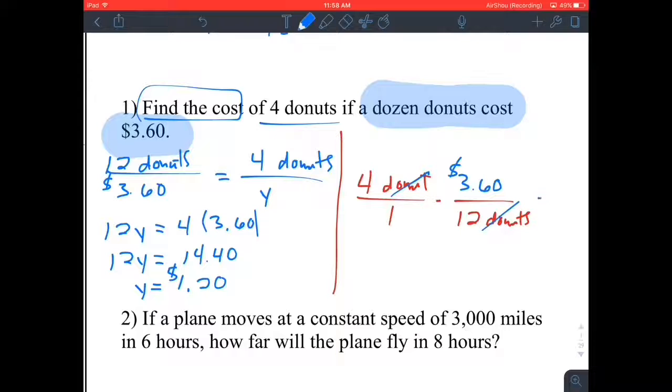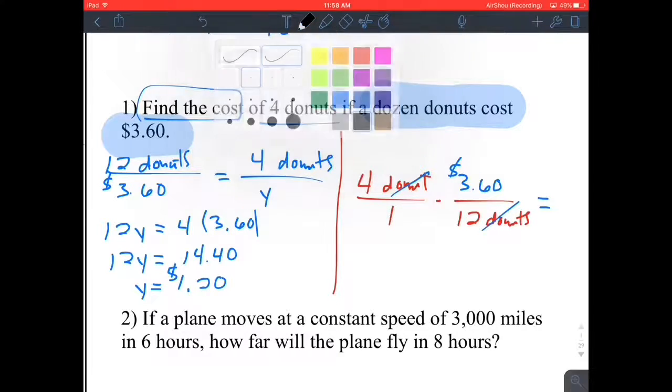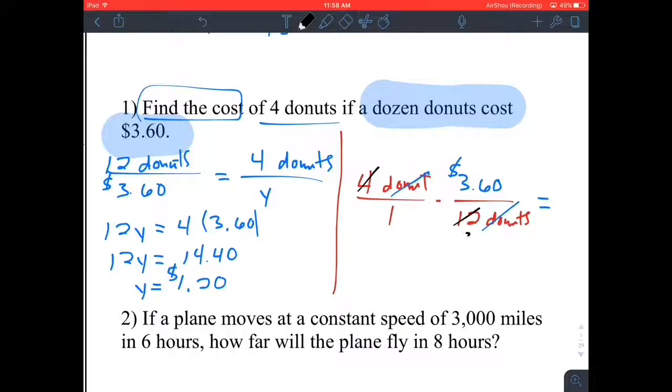Now the units that we're in is in dollars. We do some more canceling here. We can divide both 4 and 12 by 4. So we end up with $3.60 divided by 3, and that once again is $1.20. You can do this problem in 2 different ways. They both work wonderfully, whichever way you're more comfortable with you would want to do.